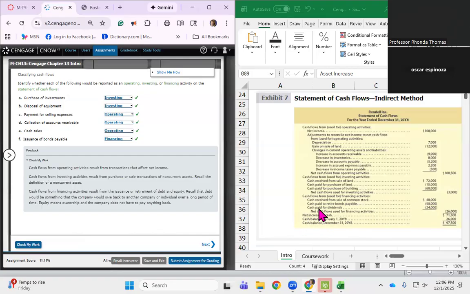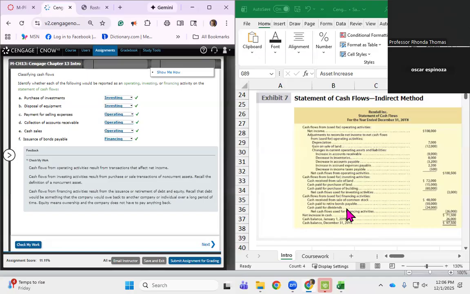So notice this one says cash received from sale of common stock. That would say cash received by issuing bonds, and you would put the amount you received because you issued the bonds. And then notice any cash that we pay out to retire a bond or to pay dividends to shareholders, right? So the financing section is always going to be about stocks and bonds, whatever those implications are.